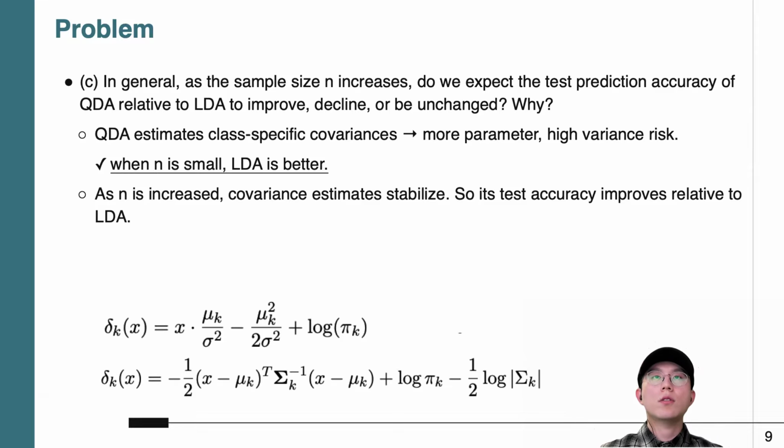In other words, QDA starts with a variance disadvantage because it estimates more parameters, but as n grows, covariance estimates stabilize, variance decreases, and QDA generalization catches up and may surpass. And if the truth is linear, the gap shrinks towards zero. Both methods approach the Bayes rule.